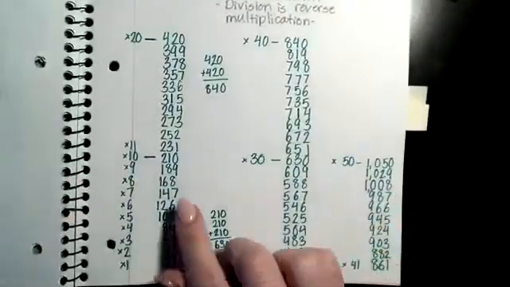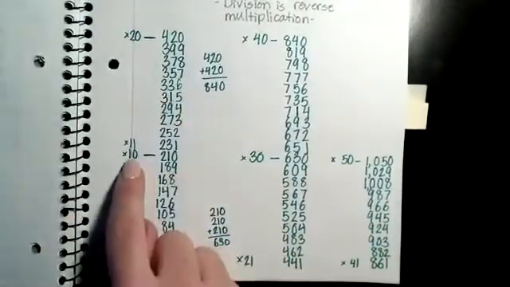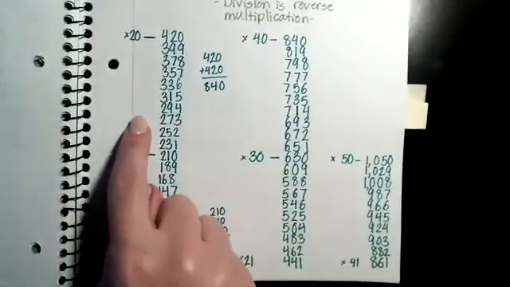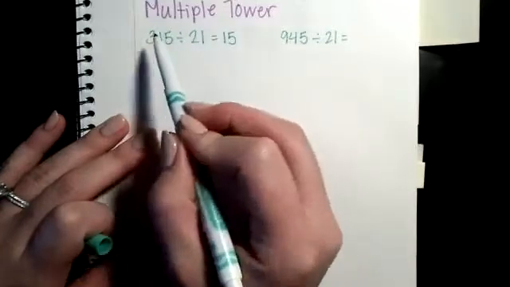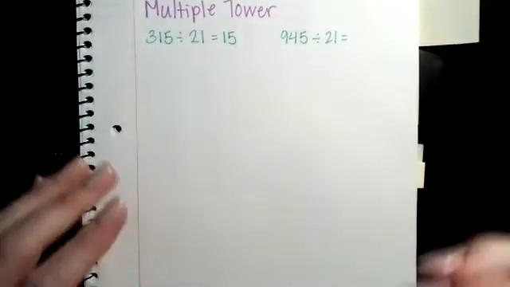So my first one was 315. Let's see, there's 315. And that was 10, 11, 12, 13, 14, 15. Okay, so the answer to that problem would be 15, because I did 15 multiples of 21 to get to 315 on my multiple tower.